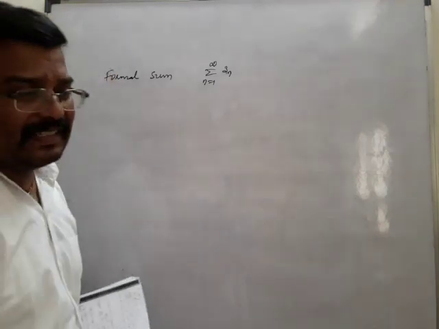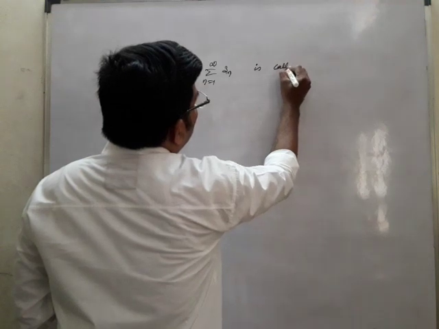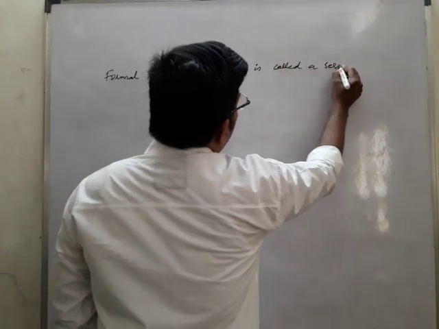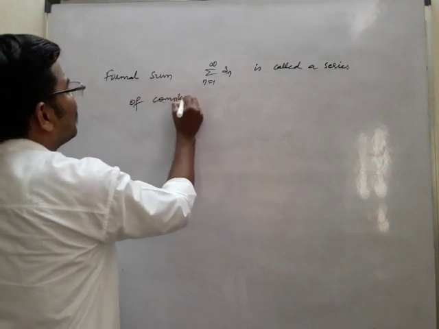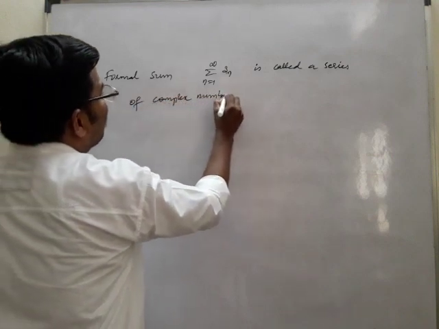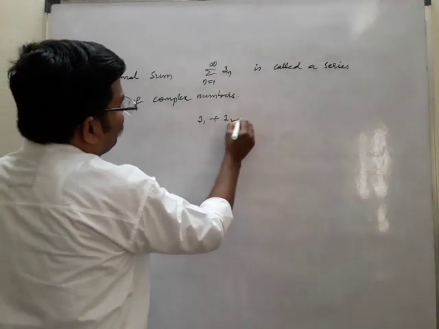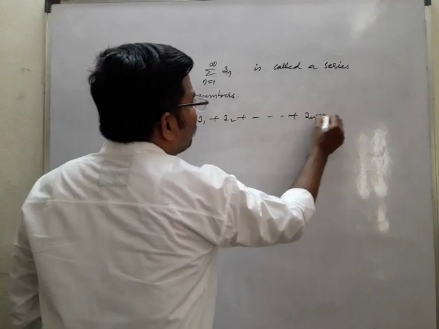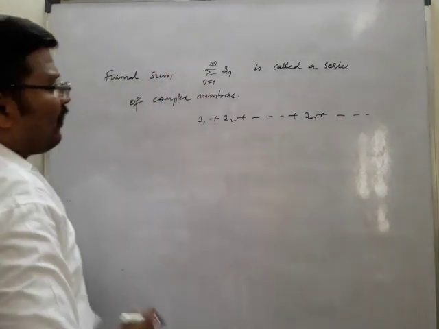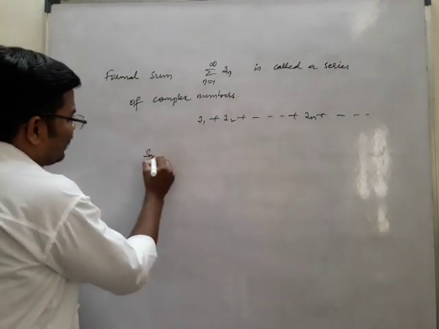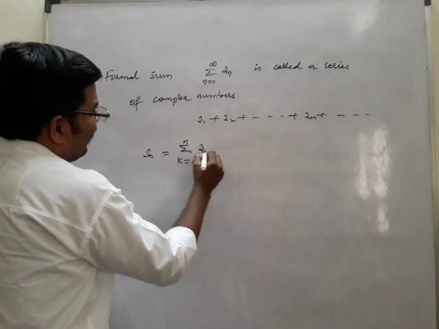This formal sum is called a series of complex numbers, because it is Z1, Z2 and so on, plus Zn, plus and so on. Now I will take Sn equal to summation k equal to 1 to n of Zk.